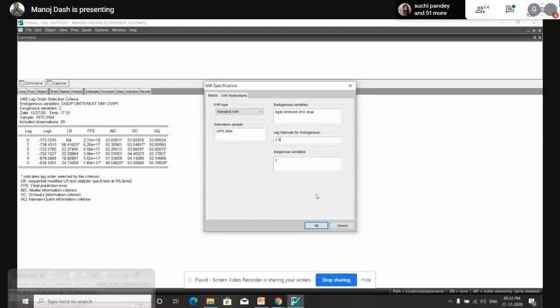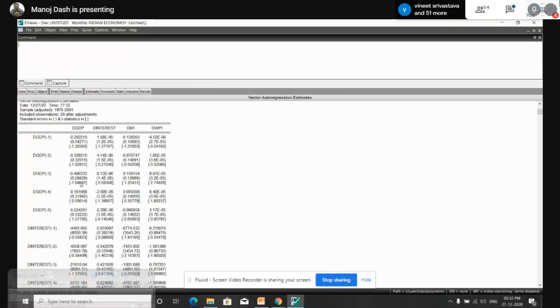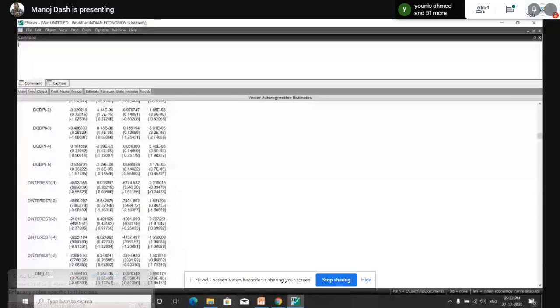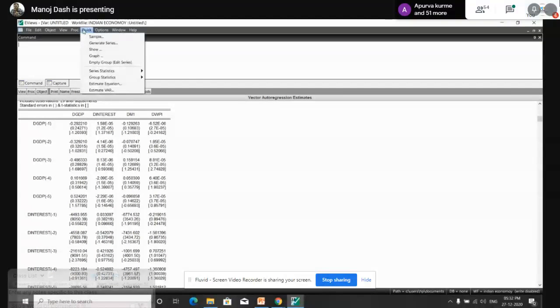Yes, sir. GDP does not depend on any of the parameters except interest, which is significant, right? So while forecasting GDP now, how do you forecast? How can you forecast? Please go to this, this is the last step.